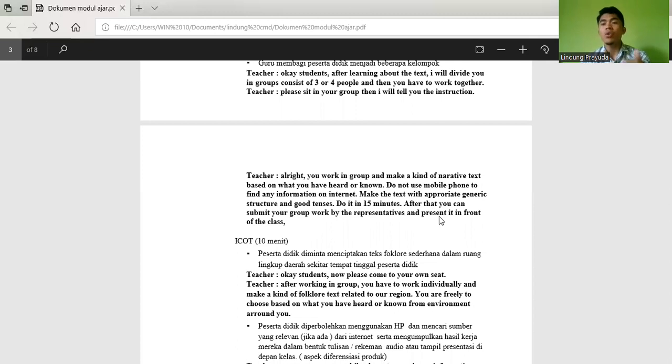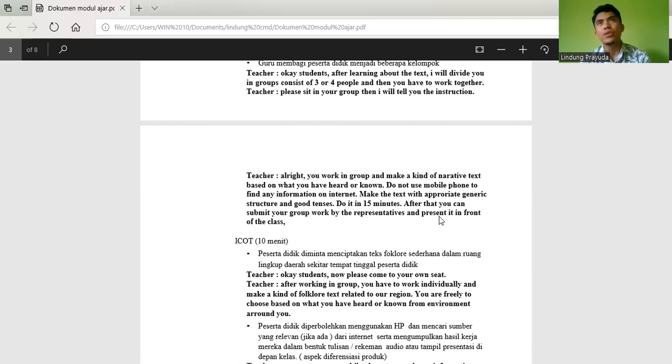They are in groups of 3 or 4 students. They will work together and create a story. That's the point. But in ICOT, they are free to choose the story based on the region and environment surrounding them, and they are allowed to use mobile phones if they have difficulties finding detailed information about the story.